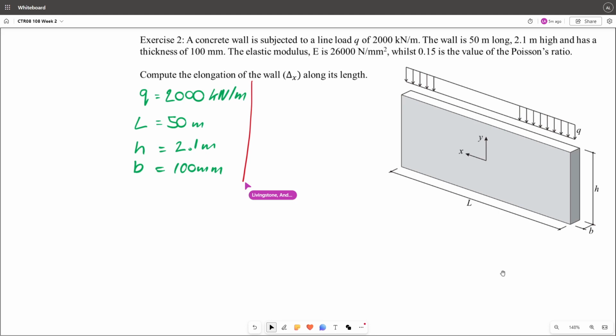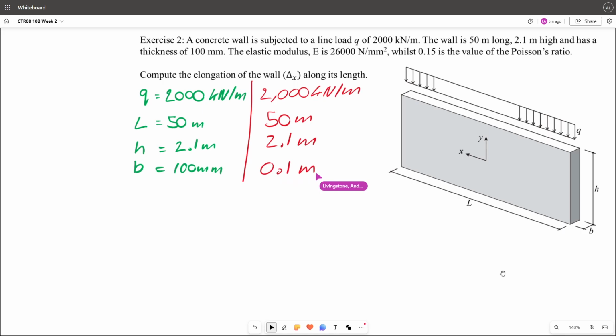Because it is quite a large thing, I'm going to use metres, and the loads are massive, so I'm going to use kilonewtons. 50 metres remains 50 metres, 2.1 remains 2.1, and 100 millimetres.